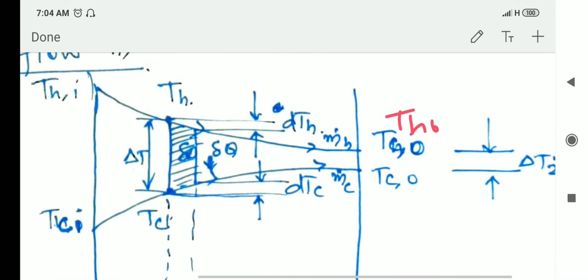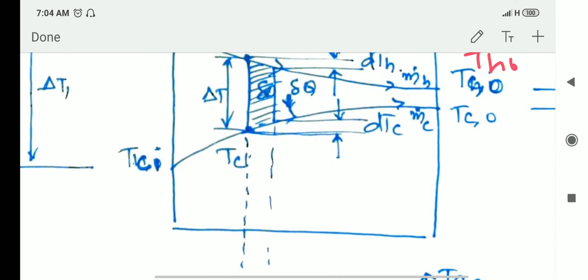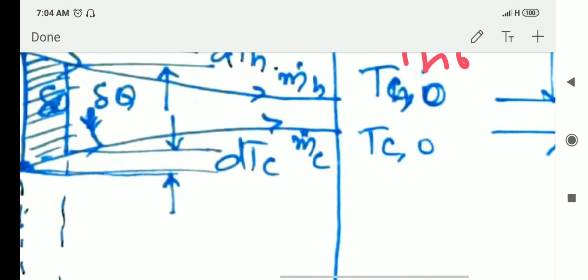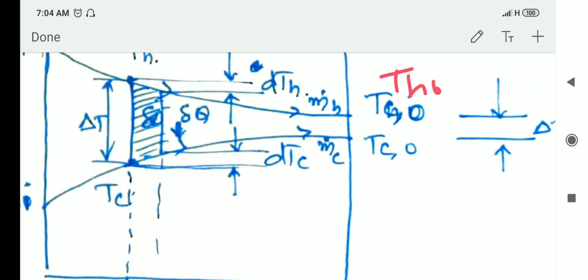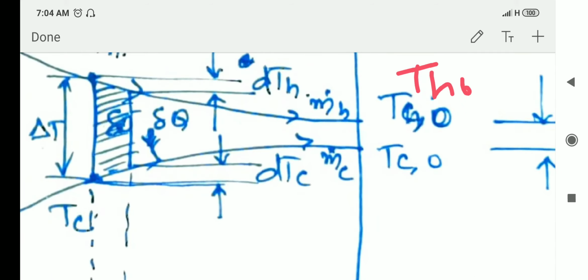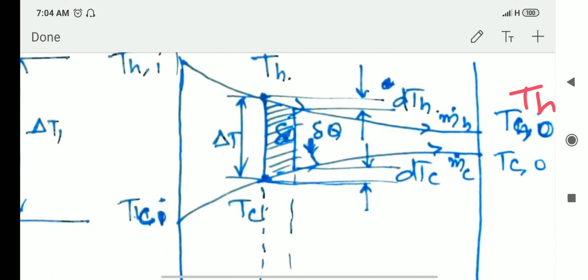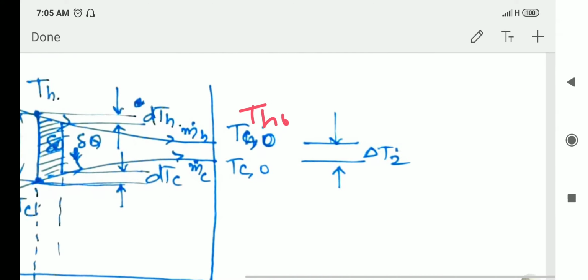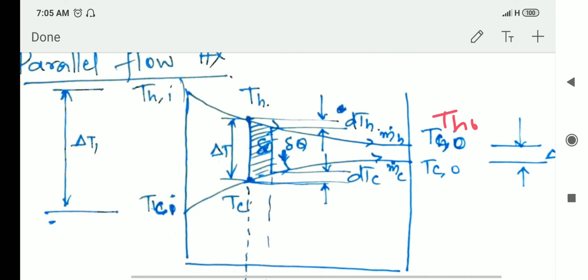The cold fluid enters at TCI and goes out as TCO. The mass flow rate of the hot fluid is m dot h, the mass flow rate of the cold fluid is m dot c, and delta T1 is defined as THI minus TCI. Delta T2 is defined as THO minus TCO.